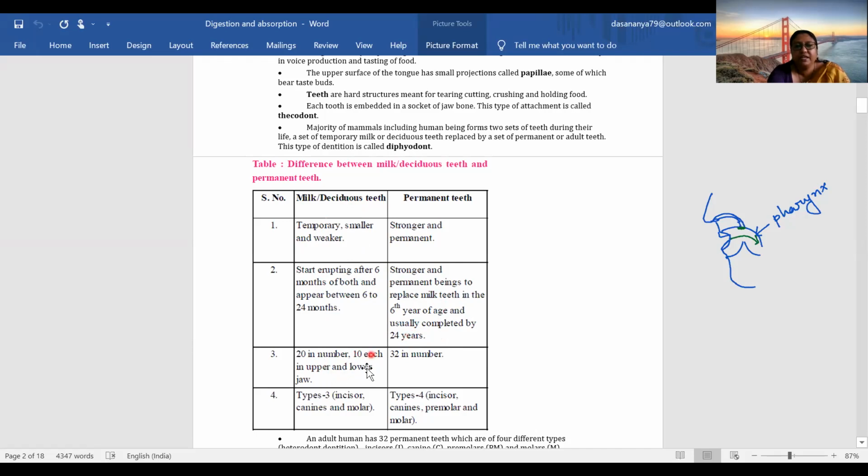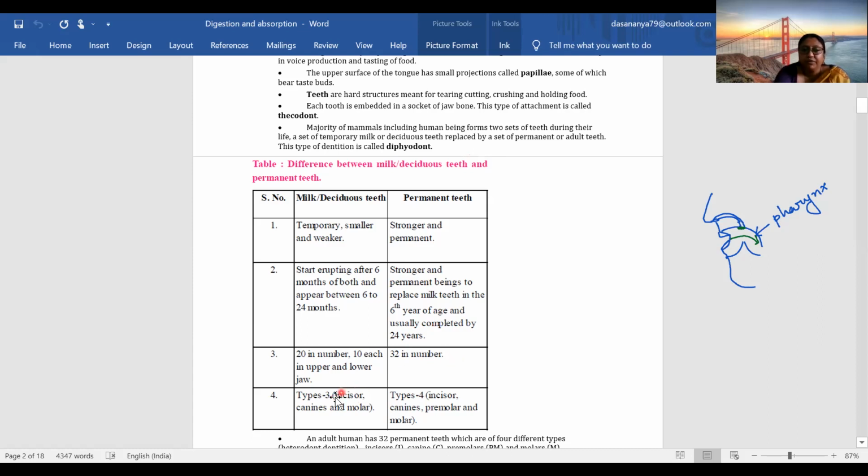This is 20 in number, 10 in the upper jaw, 10 in the lower jaw. And the permanent teeth we have 32 in number, but let me tell you, ये 32 के 32 साथ में नहीं आते हैं. बाद में पता है आप बोलते हो अक्कल वाला दाढ़ आया है. So in some people, it takes time to get this 32 number of teeth. Okay.